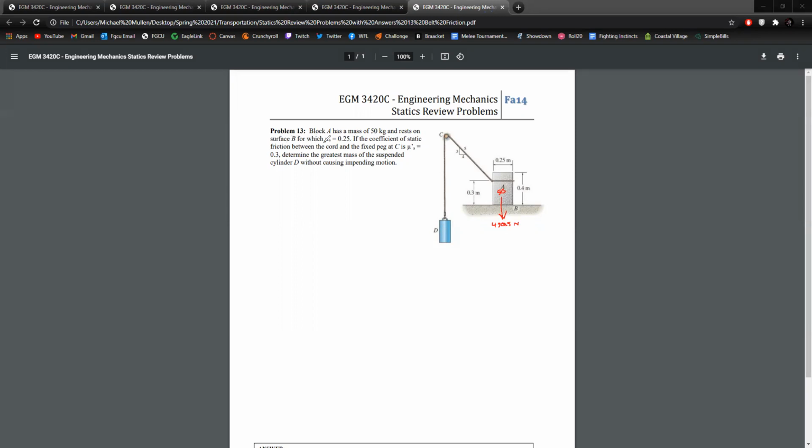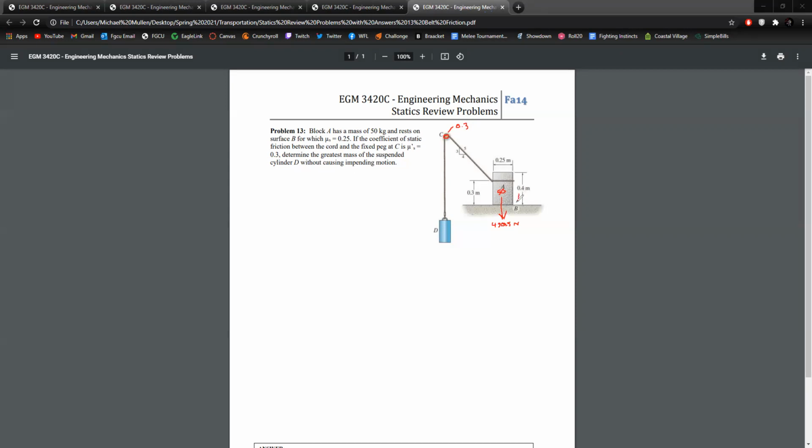Surface B, which has a mu sub s of 0.25. So the mu sub s for surface B is 0.25. If the coefficient of static friction between the cord and fixed peg at C, here we have C, is 0.3. So our friction value here is 0.3.